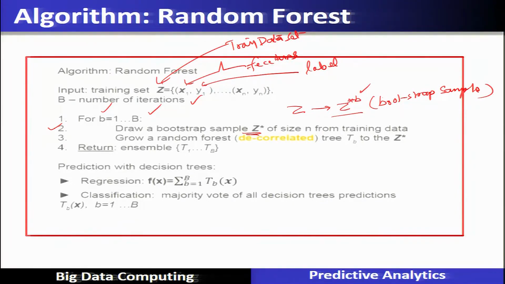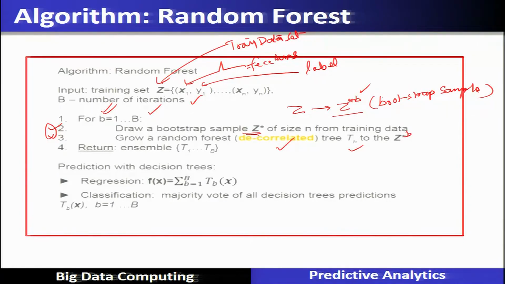Then we will grow the random forest tree, that is nothing but a decorrelated decision tree, let us call it Tb, on this particular data set Z star b. This iteration will be repeated for 1 to B different iterations.